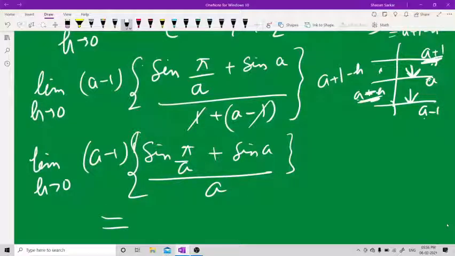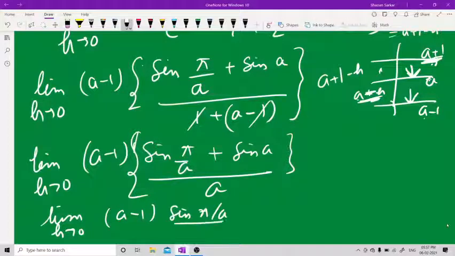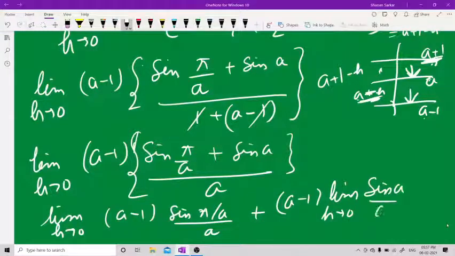Don't cancel the sin a by sin a as 1. Don't cancel like that, thinking the whole thing becomes 1. Let me write what I'm trying to say. Limit h tending to 0, a minus 1 sine pi by a upon a, plus a minus 1 limit h tending to 0 sine a upon a.